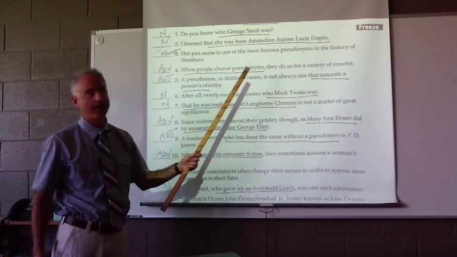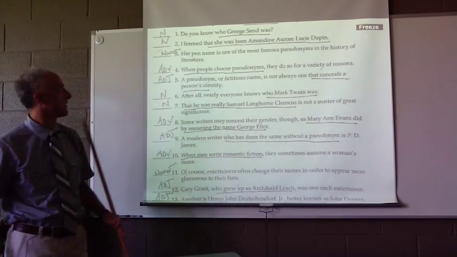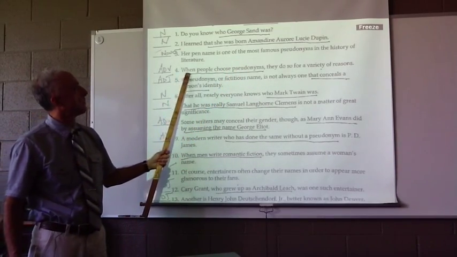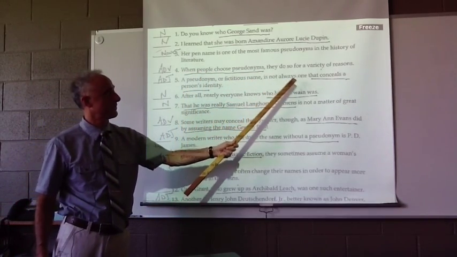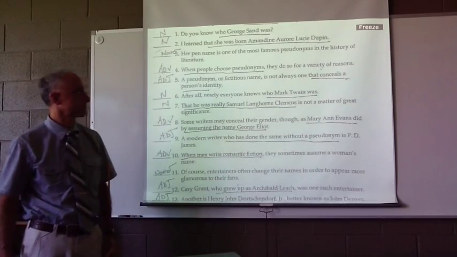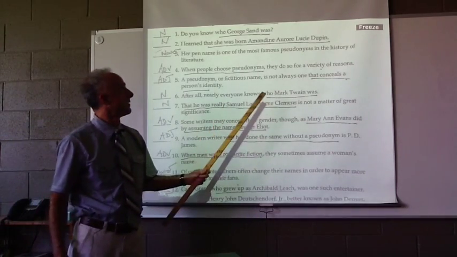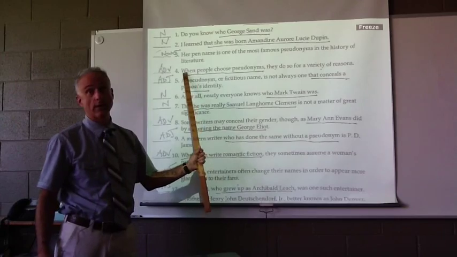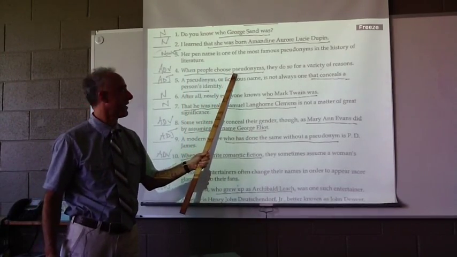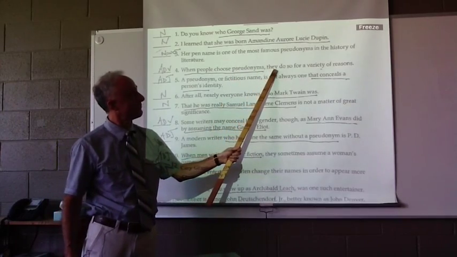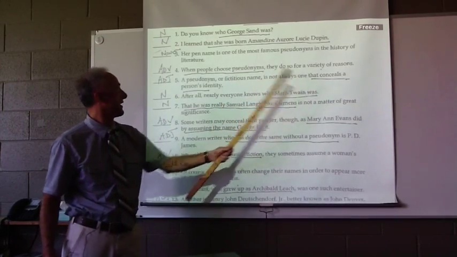This sentence does not have any subordinate clause. When people choose pseudonyms, they do so for a variety of reasons. So I have a subordinating conjunction beginning this subordinate clause. So they do so for a variety of reasons.